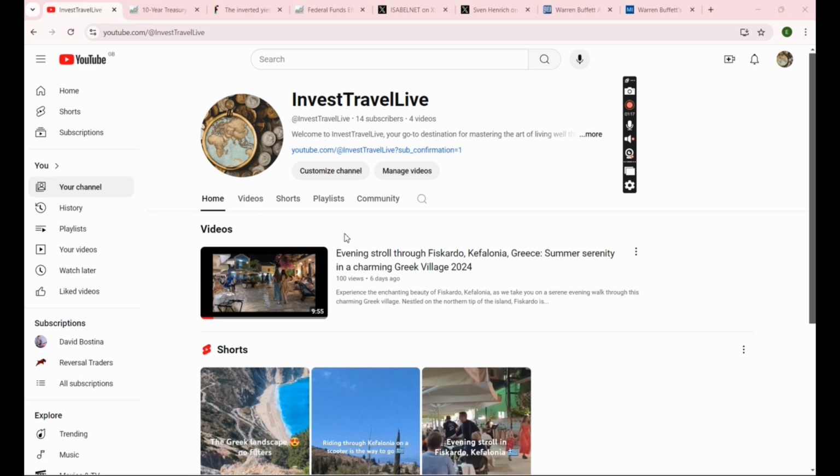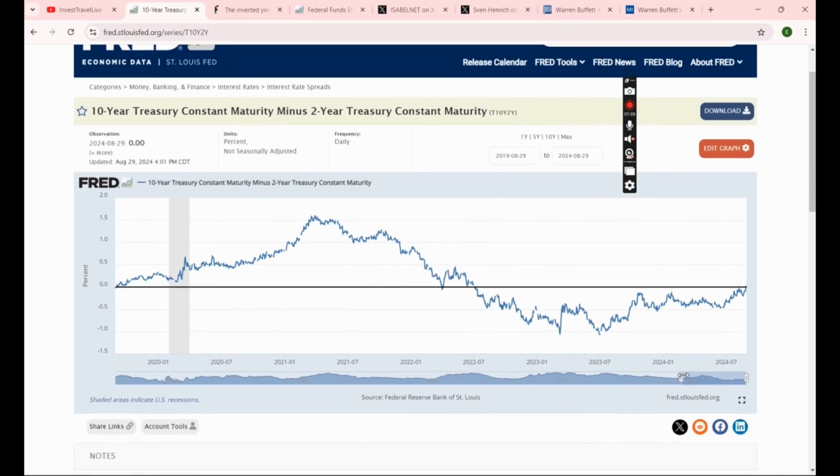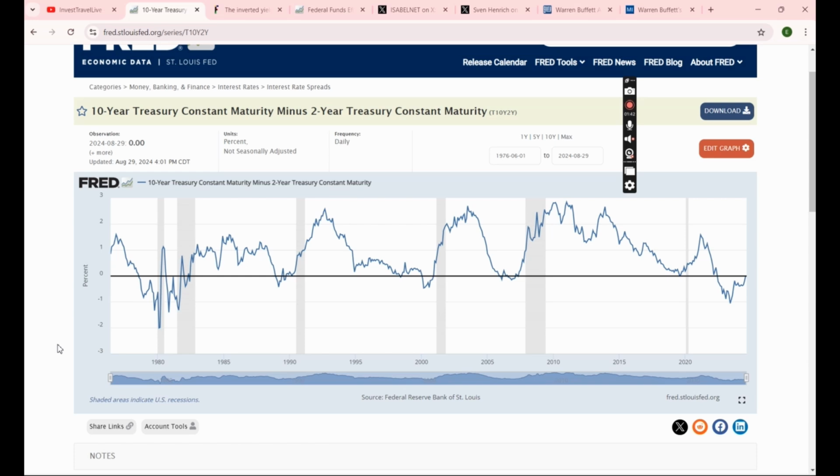So let's have a look at what the charts are saying with regards to a possible financial recession. So here we have the 10-year treasury minus the 2-year treasury, and this is one of my favorite charts at the moment because a few months ago everyone was talking about this when the inversion went negative, and everyone was mentioning, oh yes, we'll have a recession now because the inverted yield curve has become negative.